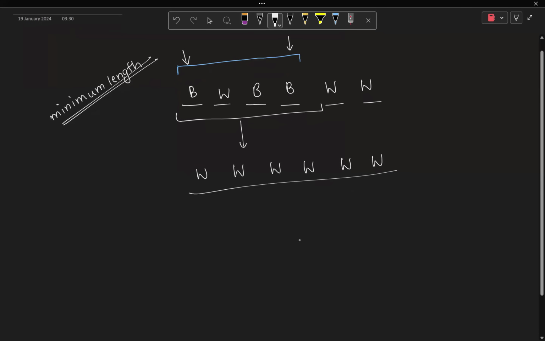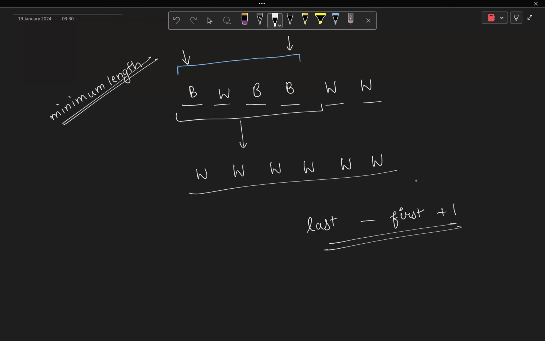If last is a variable representing the index of the last occurrence of black cell, and first represents the first occurrence of black cells, then last minus first plus one will be the length. This is the minimum length.